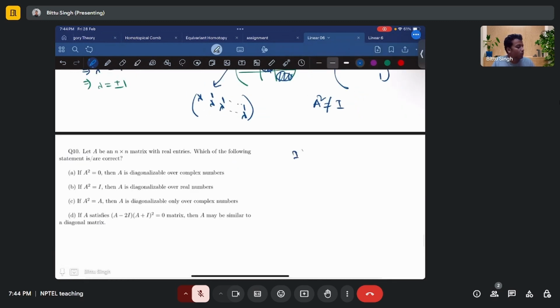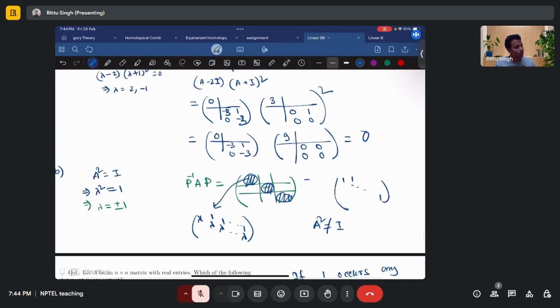So if one occurs at any place other than the diagonal entries in J, this is called Jordan form.